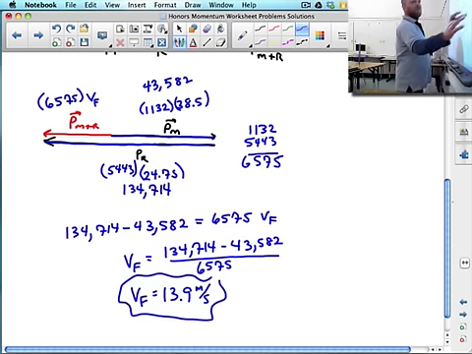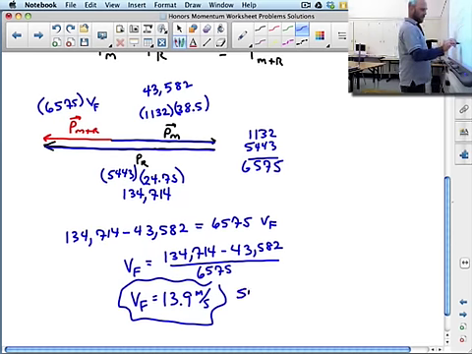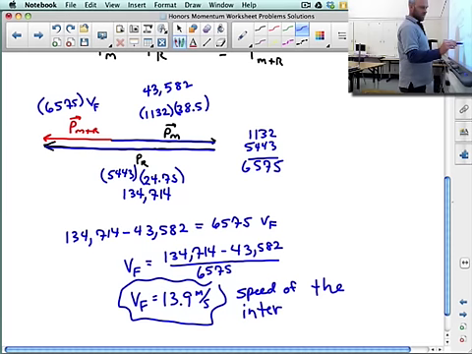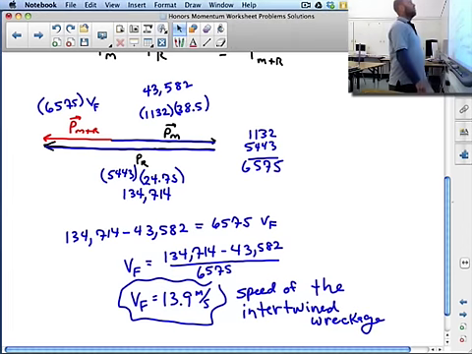This is the final speed. So this is the speed of the intertwined wreckage. Okay? Now, that's part A.